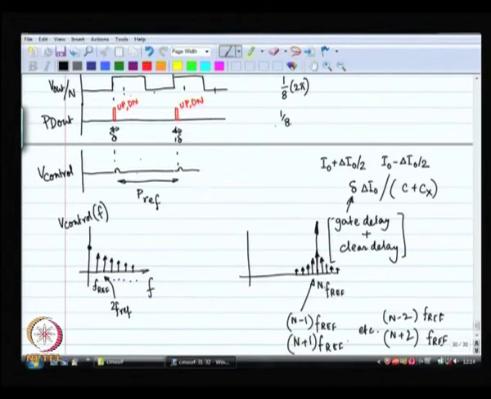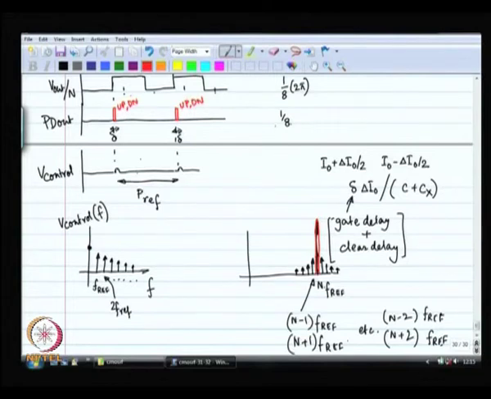Now, the good news is that the bandwidth of the loop is a fraction of f ref, which means that within this bandwidth, it is f ref by 10.